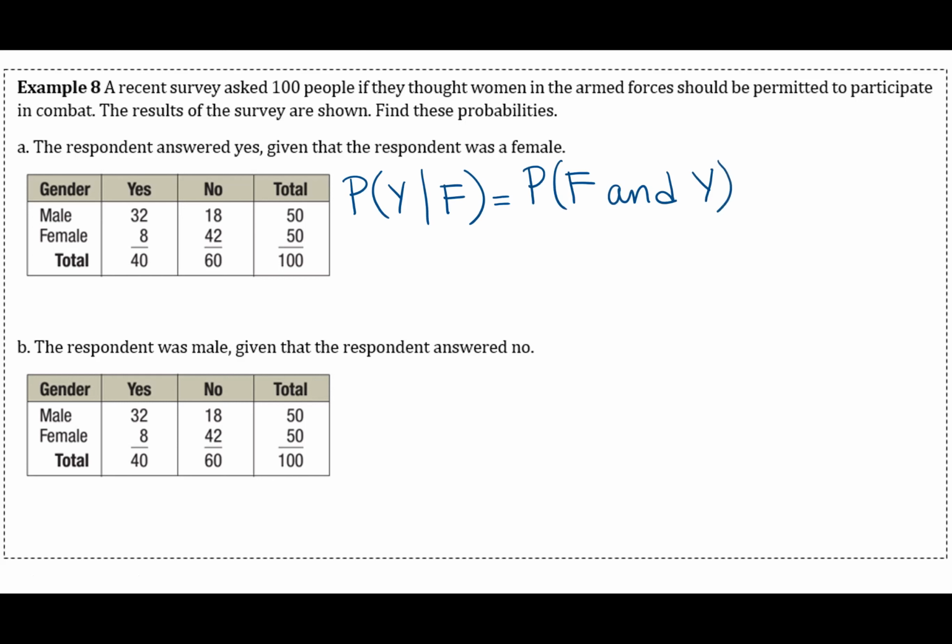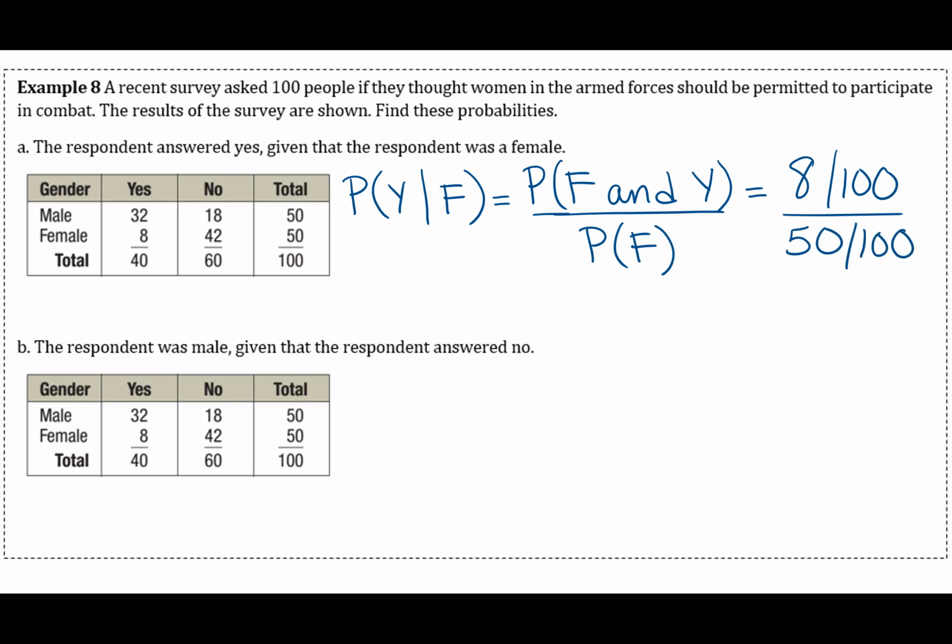According to the formula, that's the probability of female and yes divided by the probability of the given one, so divided by the probability that they are female. We can just look at the table and get these numbers. Female and yes is where the female row overlaps with the yes column. That's 8 out of the total of 100.